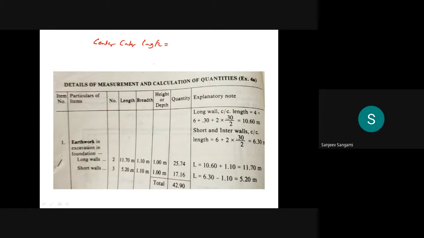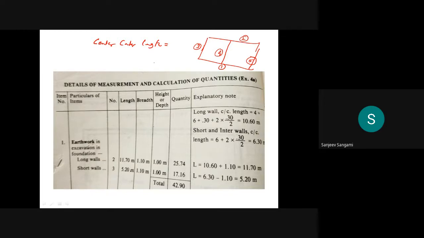Now if you see the walls, first the long walls, as I already said, you have the long walls here, the first one, second one, and in between they have made it. Then 3, 4, 5 are the short walls, and 2 and 1 are the long walls.